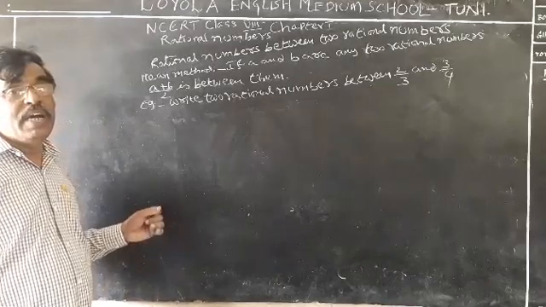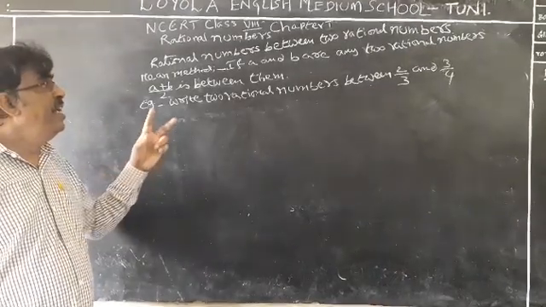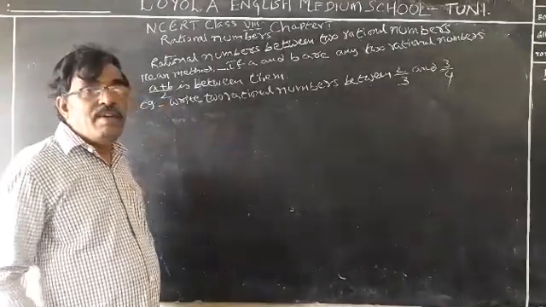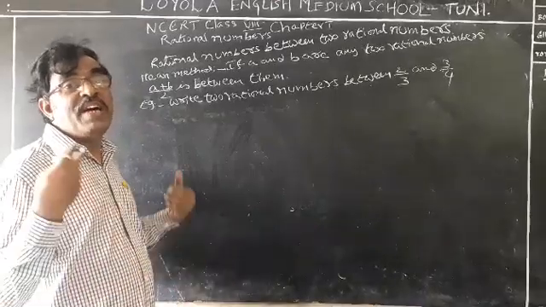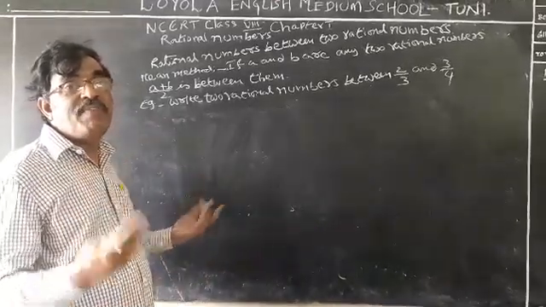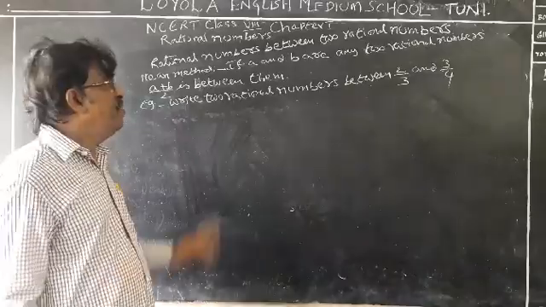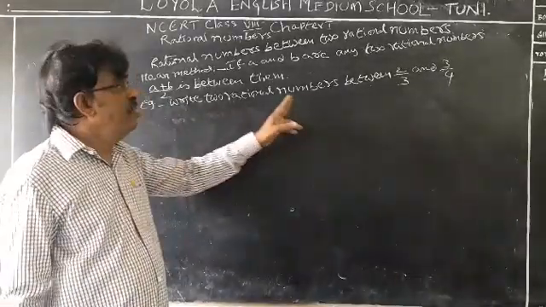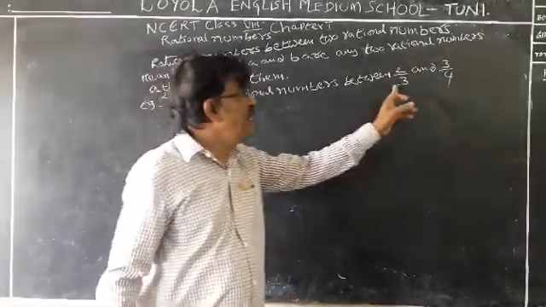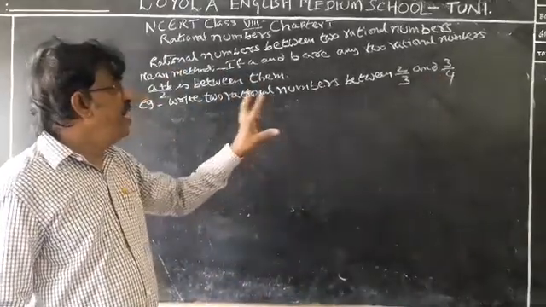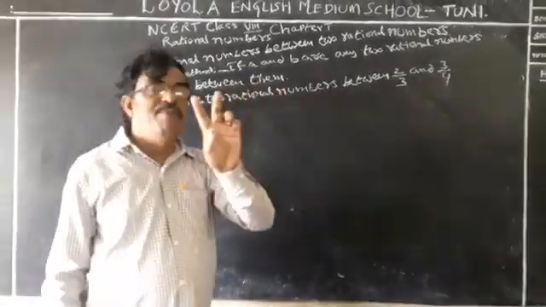I told you already that between any two rational numbers we can find an infinite number of rational numbers. Infinite rational numbers are there between any two rational numbers. So out of the given 2 by 3 and 3 by 4, write two rational numbers between them.